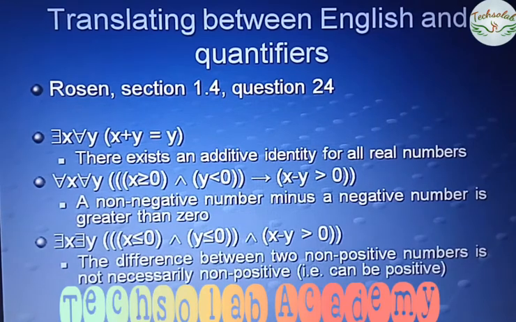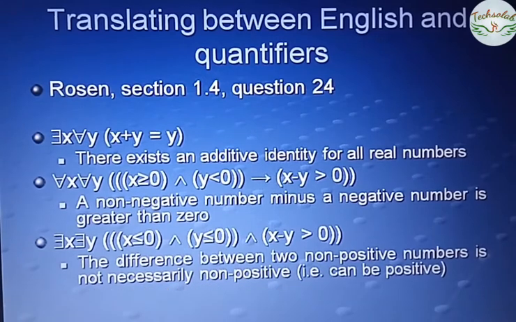The difference between two non-negative numbers is not necessarily non-negative, it can be negative. If it was implies, then it would mean it will be positive, therefore we use and here.